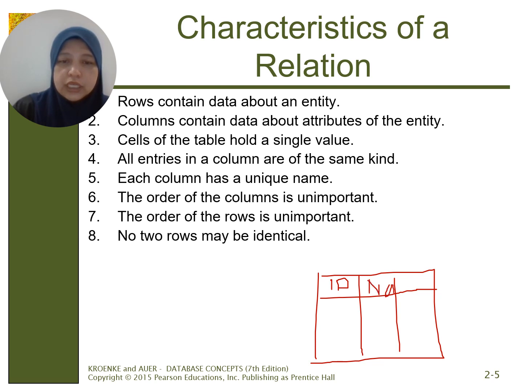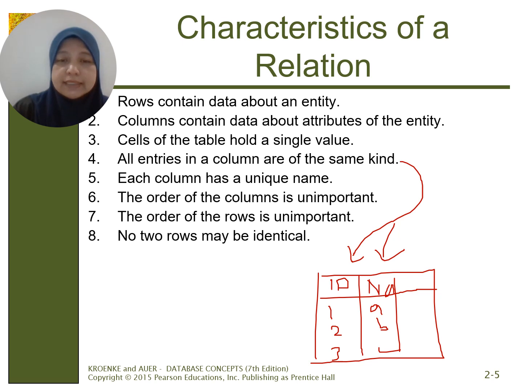Each column's entries are of the same kind. In the ID column, it should only be ID 1, 2, 3, and so on. In the name column, it should only contain names, A, B, C. This is what is meant by all entries in a column being the same kind.